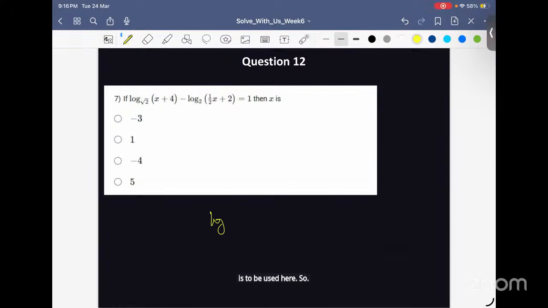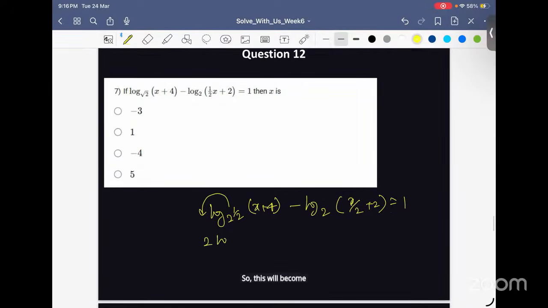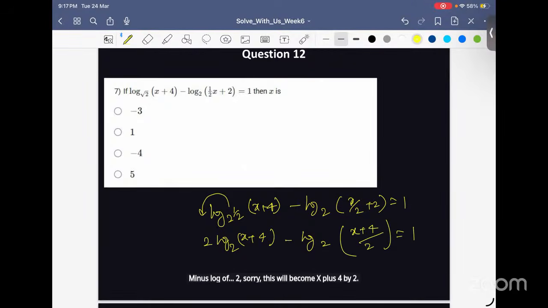So how will you solve log of 2 base (x plus 4) minus log of x by 2 base 2 plus 2 equals 1? So this can come here, right? So this will become 2 times log of x plus 4 base 2, minus log of 2, sorry, this will become x plus 4 by 2 equals to 1.